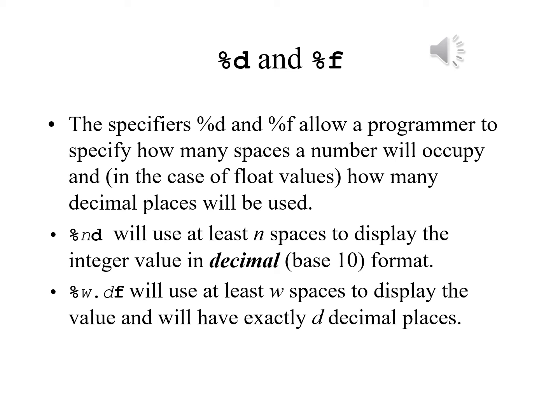If it needs more spaces, it will throw off the alignment a little bit because it is believed that it is more important to have the whole number there than to preserve the formatting. %w.df is the width. It'll take at least w spaces to print the number, but it will take exactly d decimal places. And we will look at some examples of these in one moment.